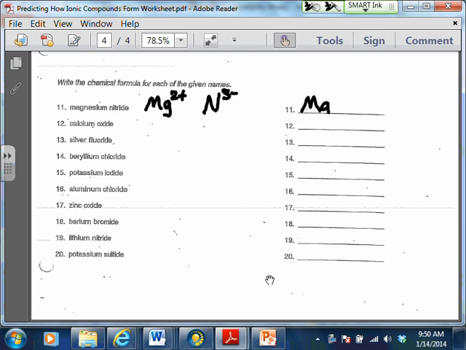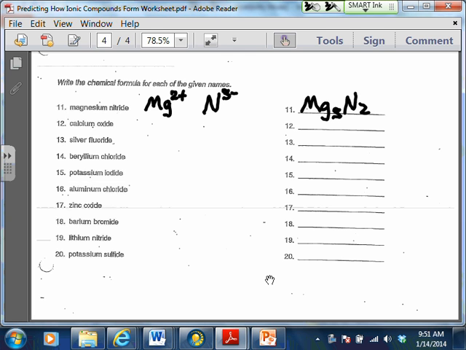Wait, no, wouldn't you make it 0? Well, yeah, you would. But the crisscross method helps you make it 0 out, right? Mg3N2. Yeah, all you have to do is crisscross, and that takes care of making sure it adds up to 0.